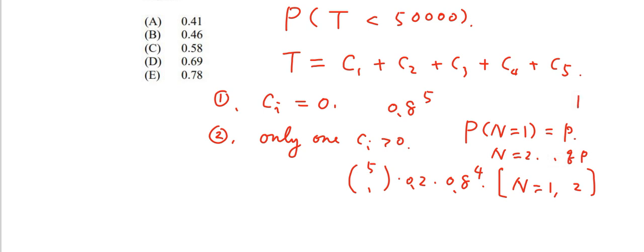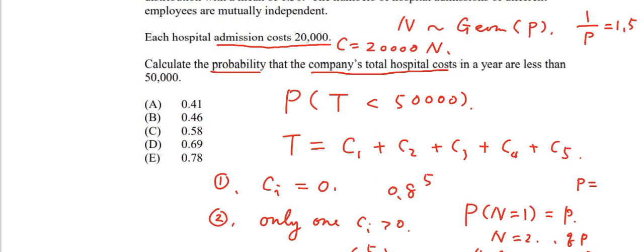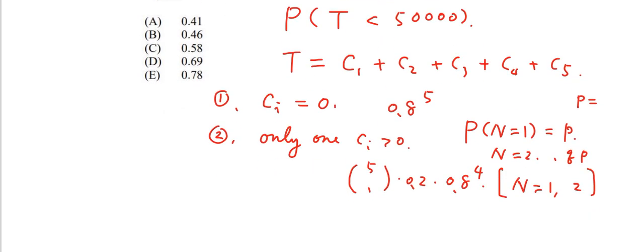We already know p equals 1 over 1.5, which is 2 over 3. So we can find this, right? The probability is 2 over 3 plus 1 over 3 times 2 over 3, right?